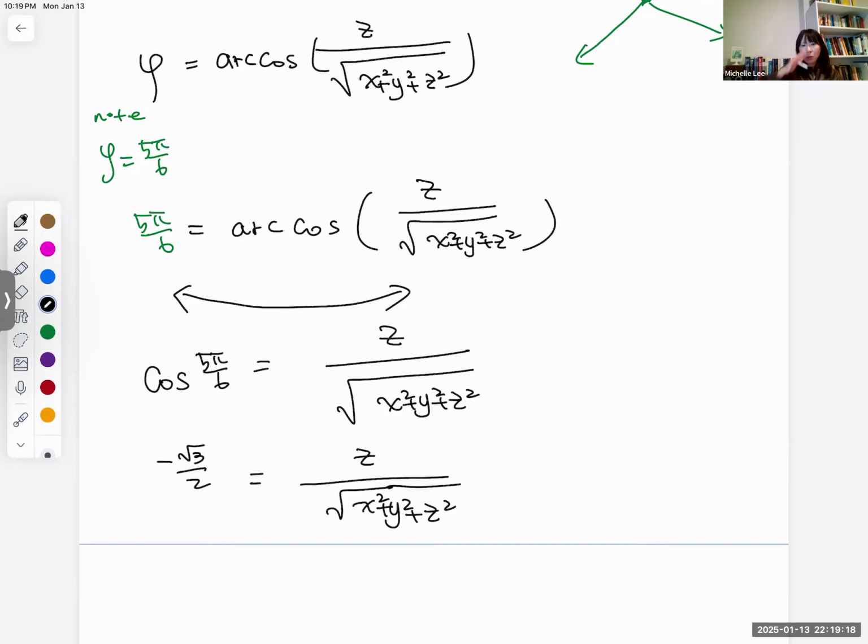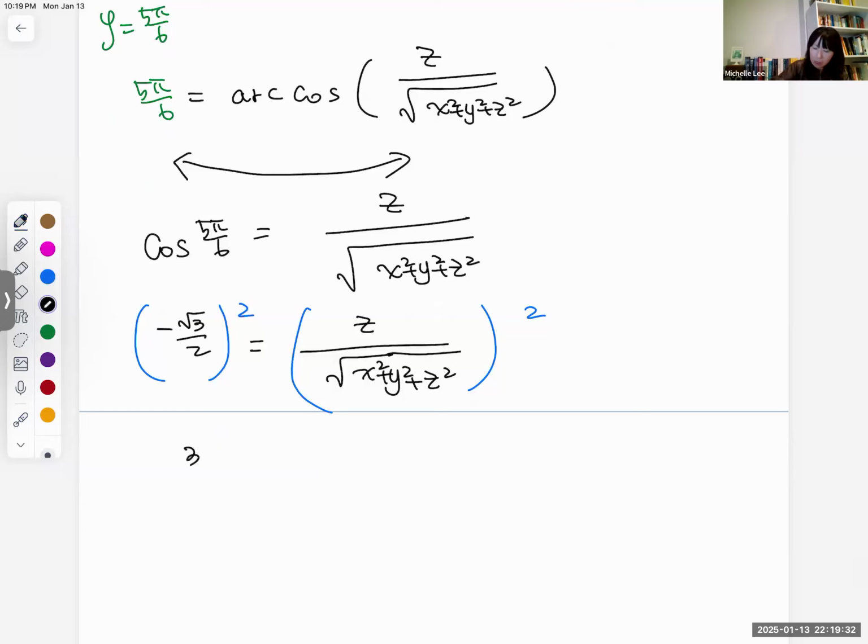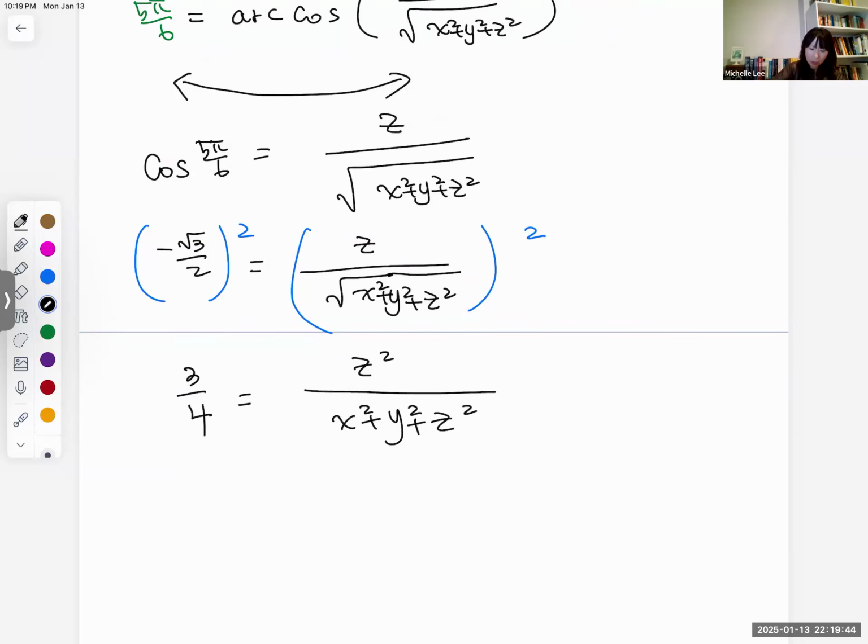Okay, we have a square root in the denominator, so let's square them. So we get 3 over 4 equal to z squared over x squared plus y squared plus z squared. So let's multiply this way, right? So we get 3 times x squared plus y squared plus z squared equal to 4z squared.